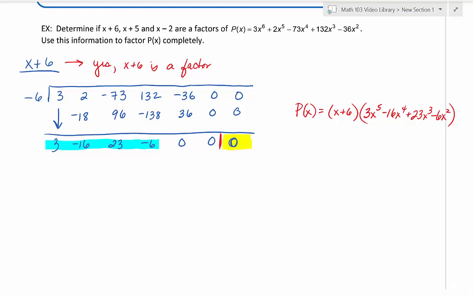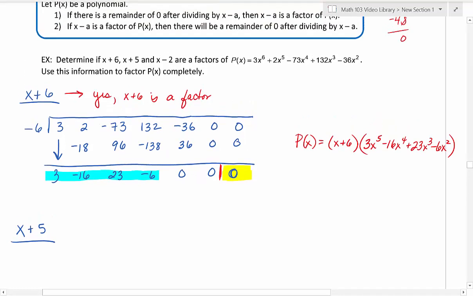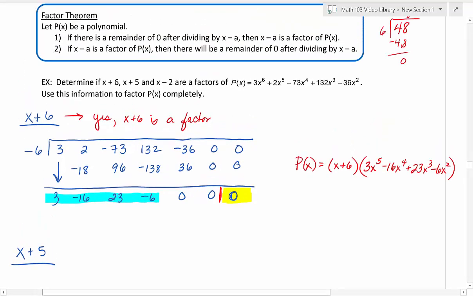Great. Now let's move on and check x plus 5. The point of what we're doing ultimately is to factor p of x completely. So think about when you first started doing factoring. Even before polynomials, our first kind of factoring was prime factorization of a number.